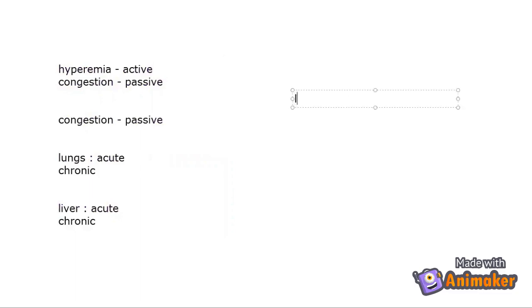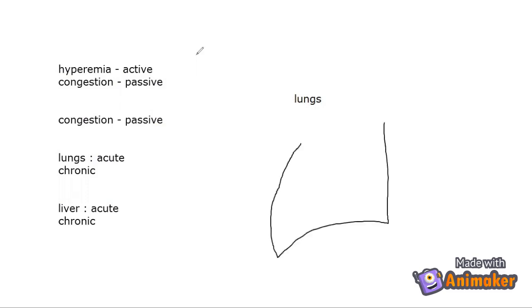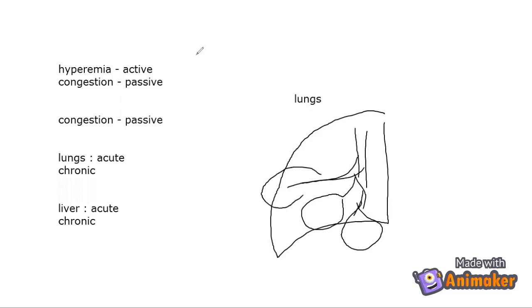So what happens in lungs? You know, in lungs, there are many alveoli. And these alveoli have alveolar capillaries.